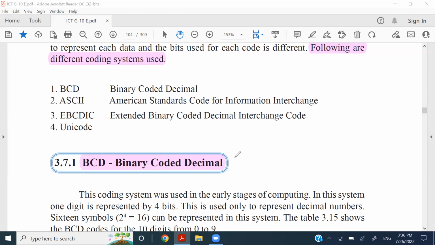And in front of your heading, within brackets, it's better you say 4-bit representation. Then you can write these things.